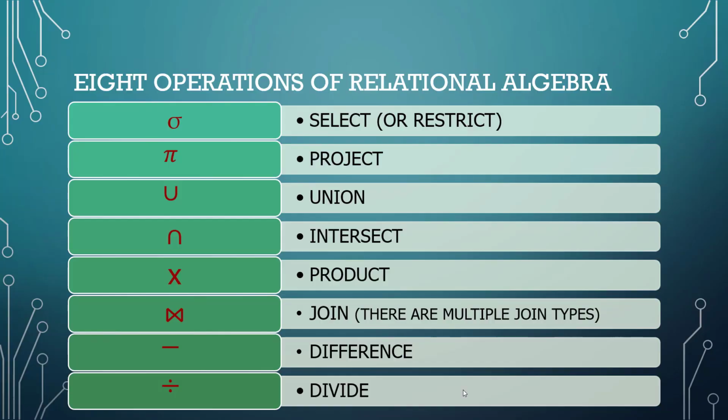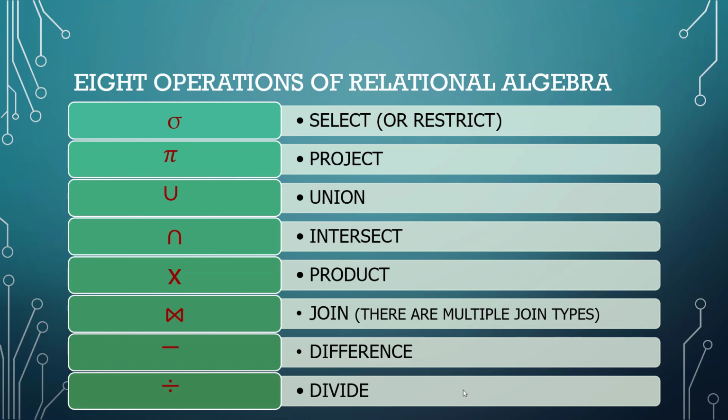So here are the 8 operations. They all come with an operator. Now, this is mathematics. It's relational algebra. And just like mathematics might have the division sign or the plus sign for addition, we have symbols here for each of these operations. So we have the sigma symbol for select, the pi symbol for project, union. I'm sure you've done union in set theory when you were younger.